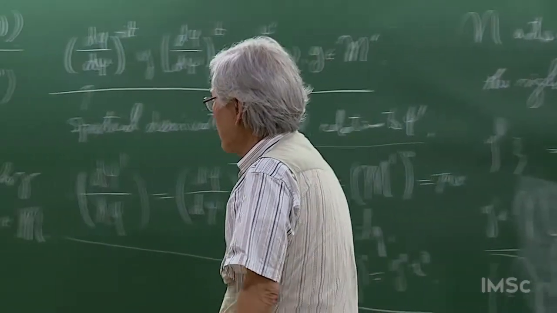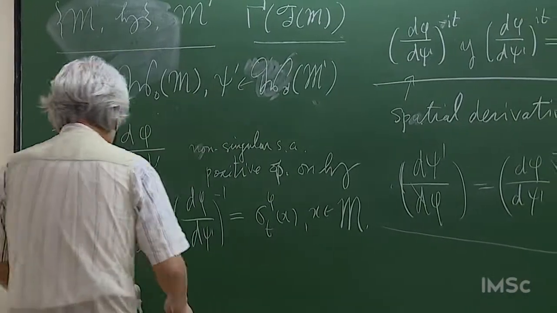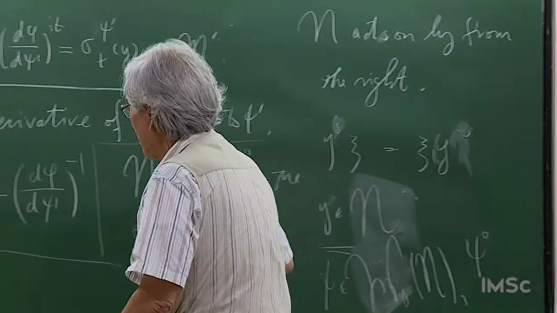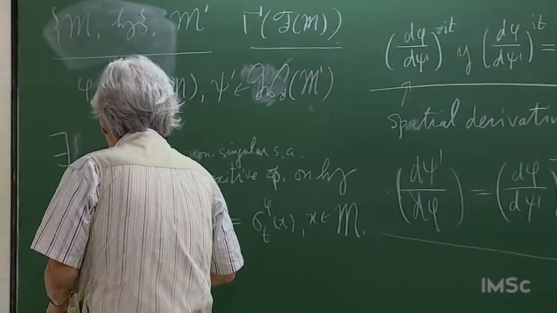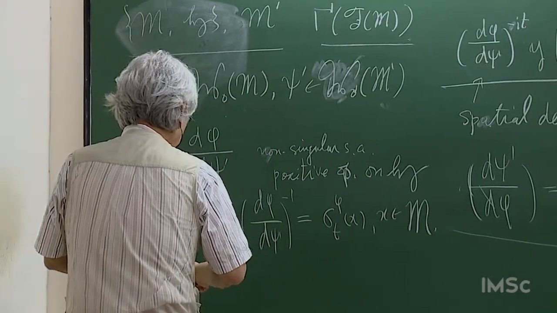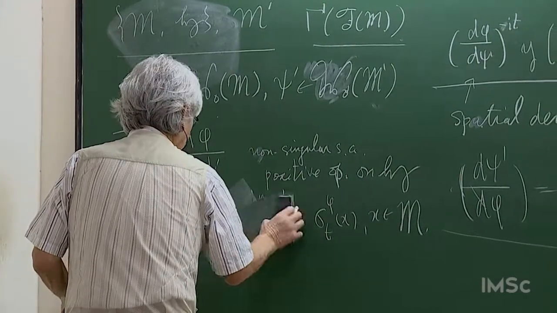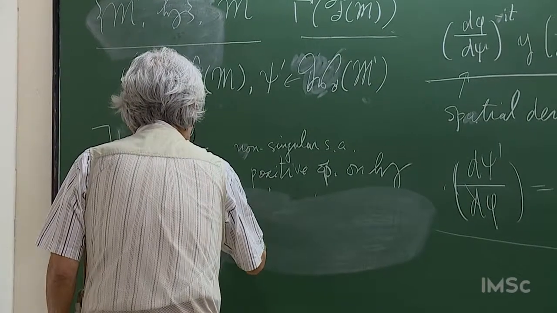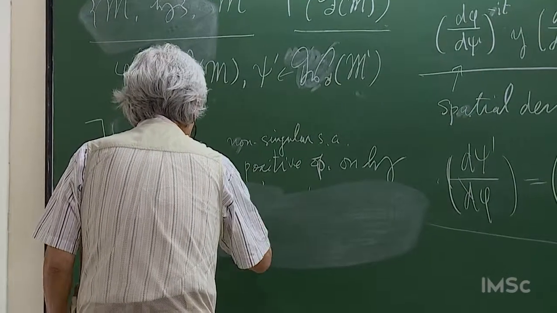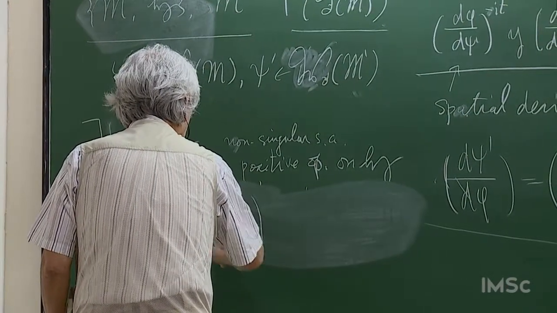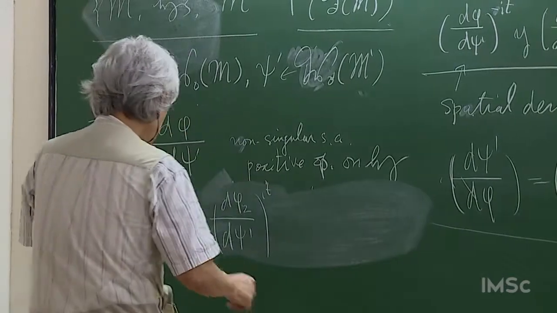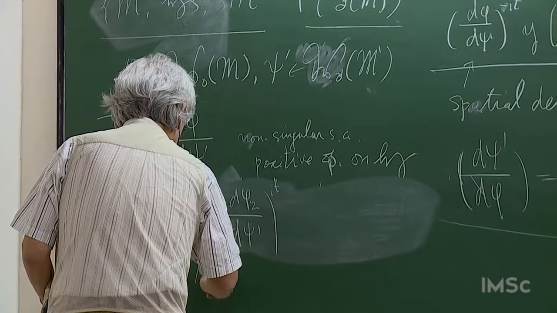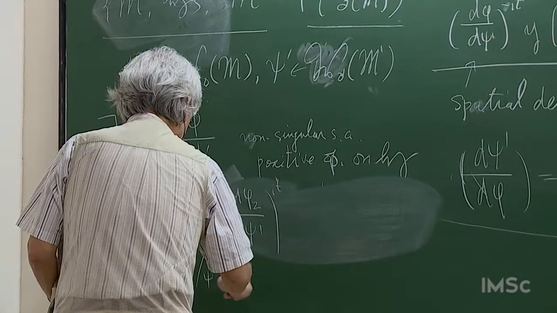Okay, one more item is the relation with the cocycle derivative: phi1 is related to d phi 2 d psi prime to the power I t. Let's see which way we go. This one is phi 1 IT minus psi minus IT.